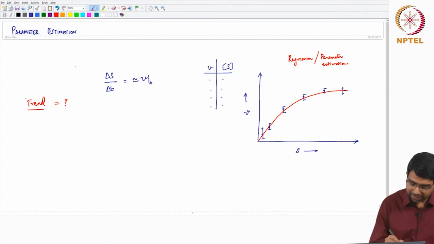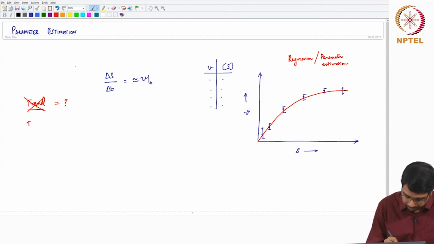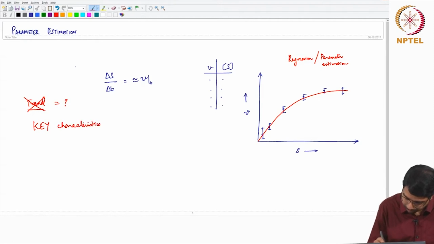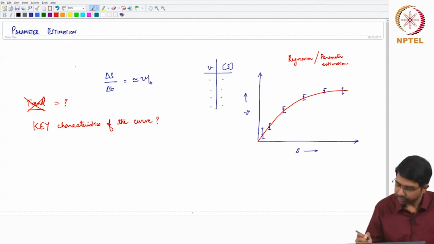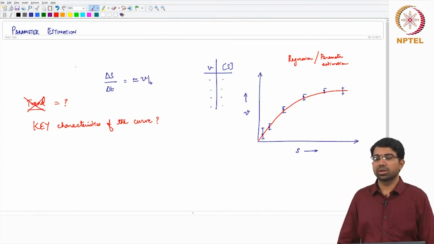Or rather than trend, can we now look at key characteristics of the curve?